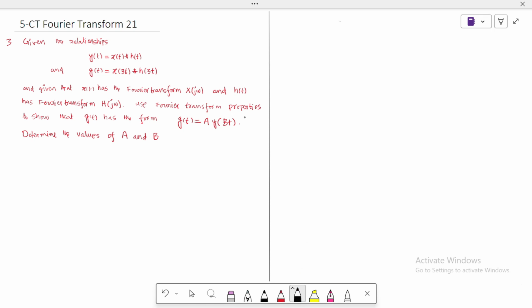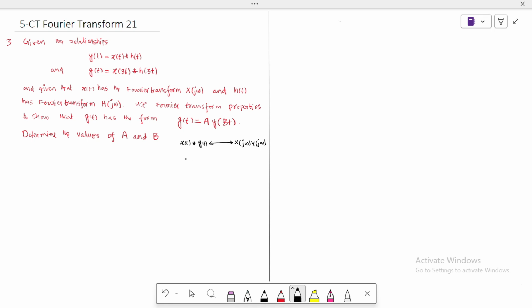So here I would like to write two properties: the scaling property and the convolution property. In the convolution property, you know very well, x of t convolution y of t, its Fourier transform equals multiplication in the frequency domain, simple thing: X of j omega and Y of j omega.